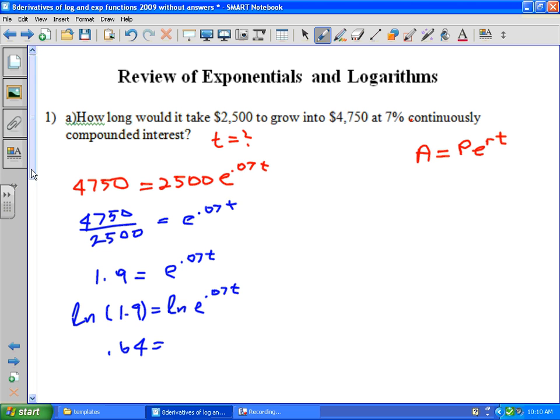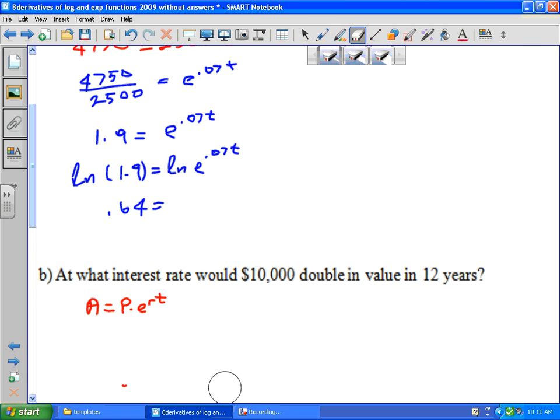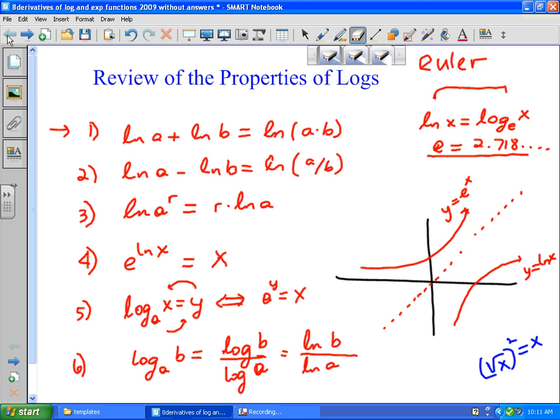Now, on the right-hand side, we can simplify. Okay, what is ln e to the 0.07t in simplified form? Look at property number 3. ln a to the r is r ln a, right?